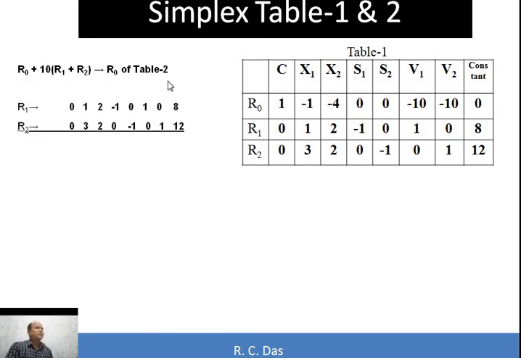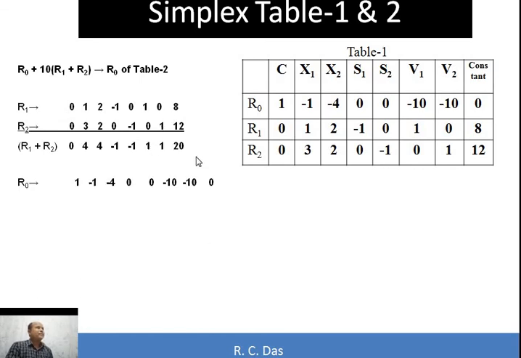Well, so this is R1 R2 added up, we will get 0 0 0, 4 4, -1 -1, 1 1, 20.